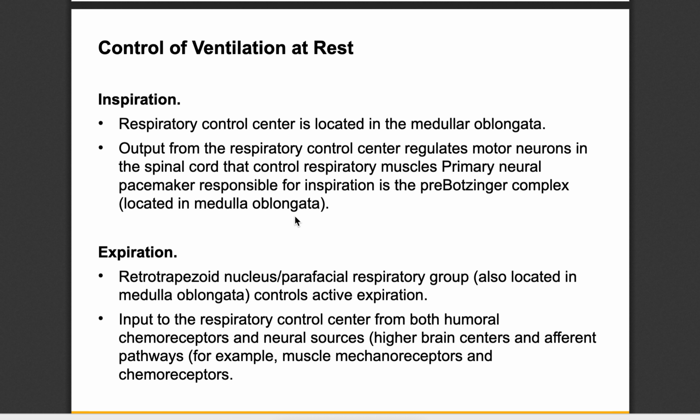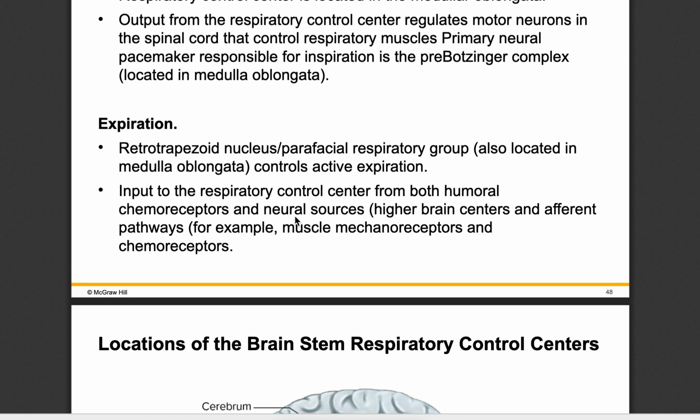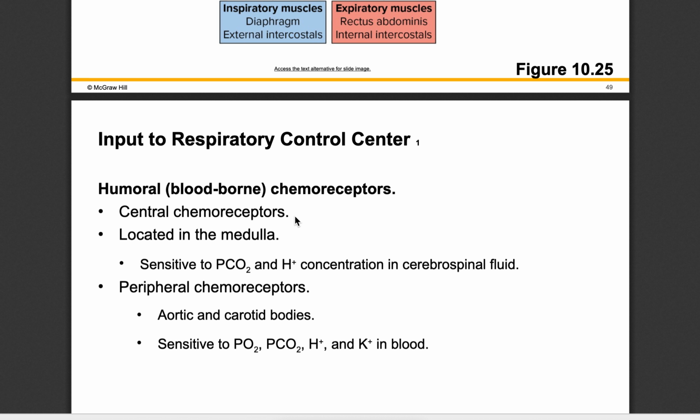A lot of our inspiration and expiration is done through the brain centers, especially the initial part that gets everything up and going. But then we also have input from respiratory control centers, so chemoreceptors in our blood measuring the PCO2 or hydrogen concentrations in different areas that are sensitive to these, or measuring the pressures of O2 and potassium in the blood.